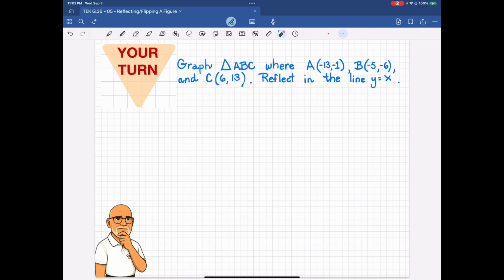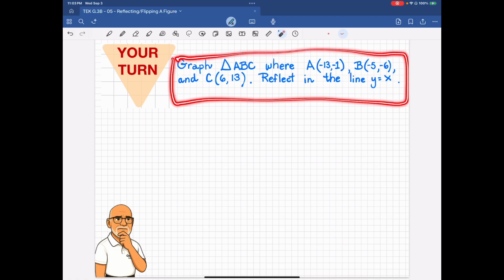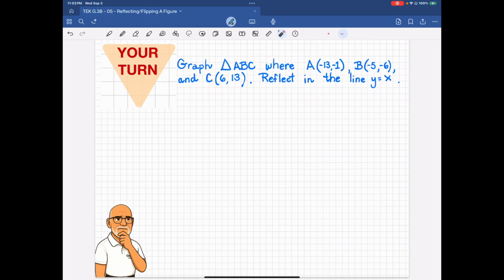Now it's your turn to take the lead. Let's see how you can apply everything that we've learned. The instructions read, graph triangle ABC, and here are the vertices for A, B, and C. And they want you to reflect this triangle in the line y equals x.